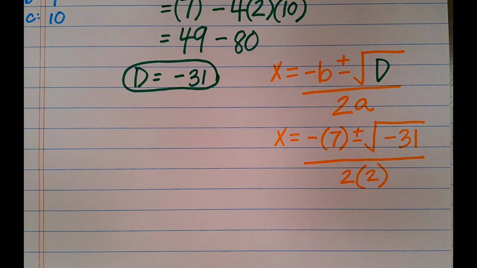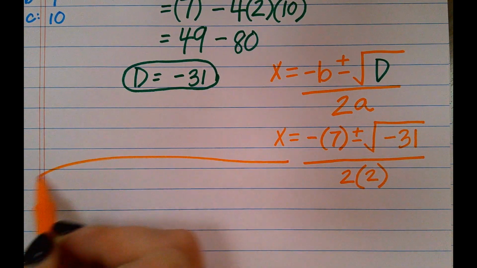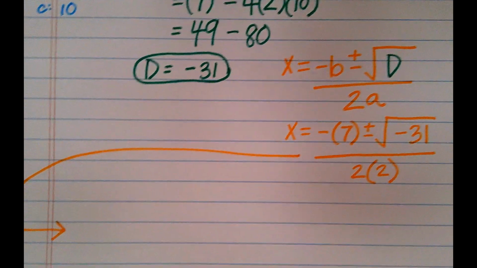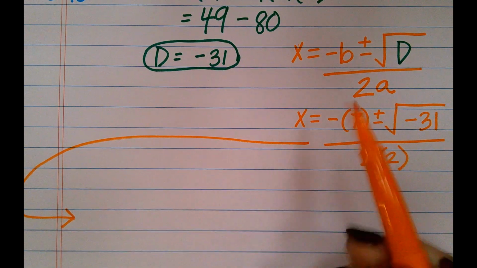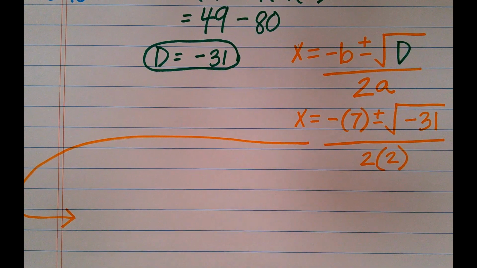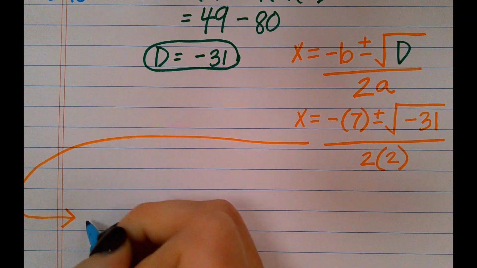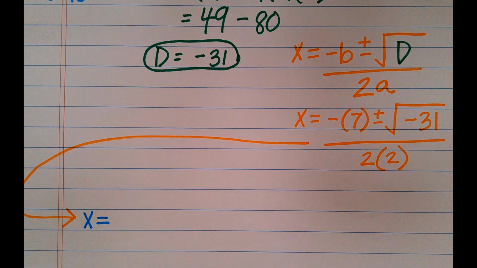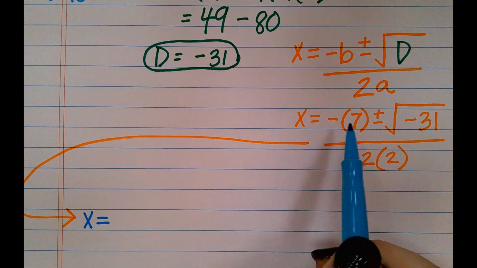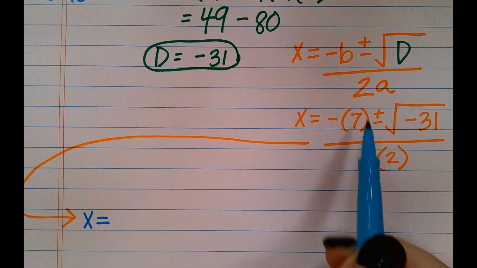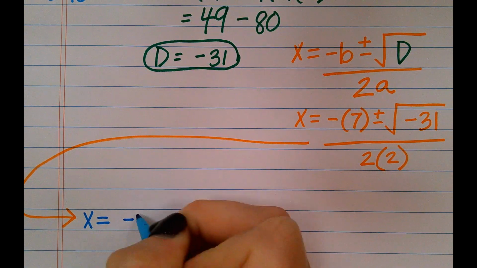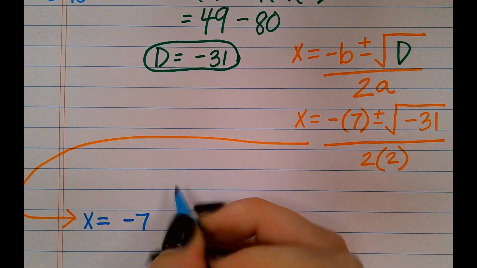Okay, so at this point, here's what we would do. I'm going to draw an arrow and start over on the next line. I have x equals, positive 7 becomes negative 7, plus or minus.